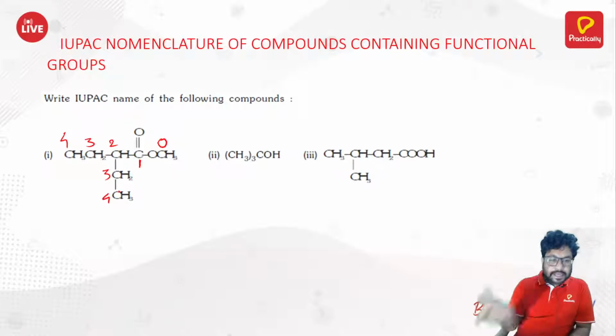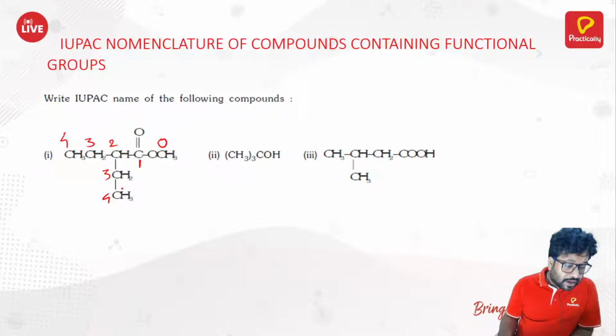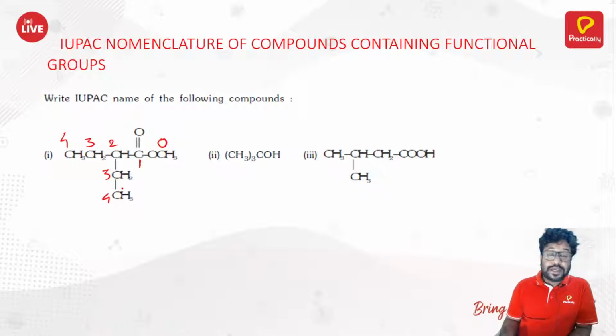As far as this case is concerned, you can go straight or come down, it doesn't matter. The number of carbon atoms is going to be the same. And this methyl is at the zero position, so you just write methyl. Now at the second position, you got a substituent, right? So methyl dash.